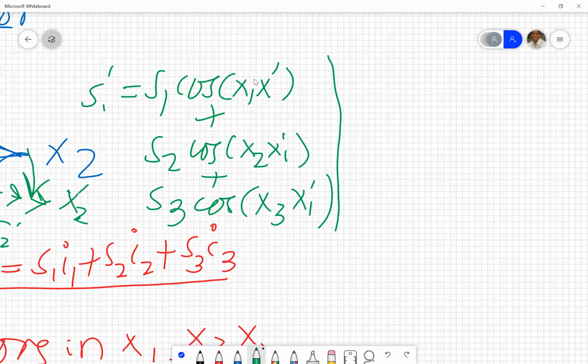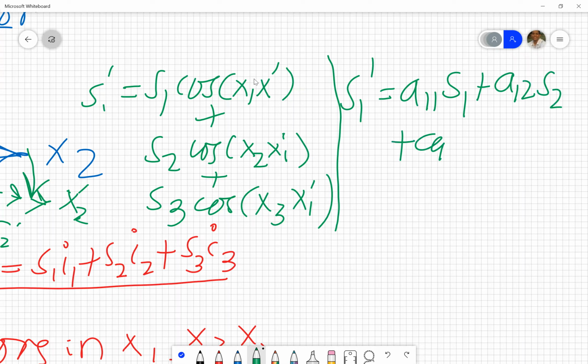S1 dash is equal to A11 S1 plus A12 S2 plus A13 S3. So, is there any difference in the equation? If this is equation 1 and this is equation 2, what is the difference in these equations?